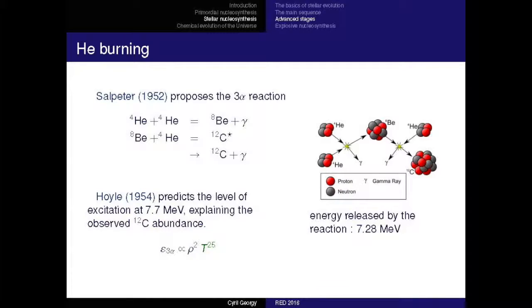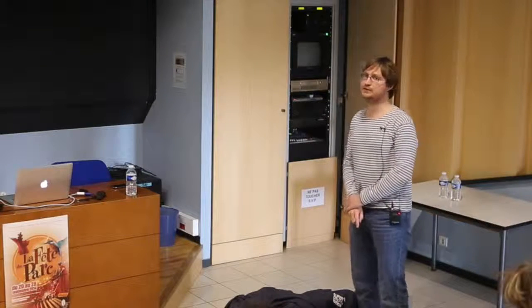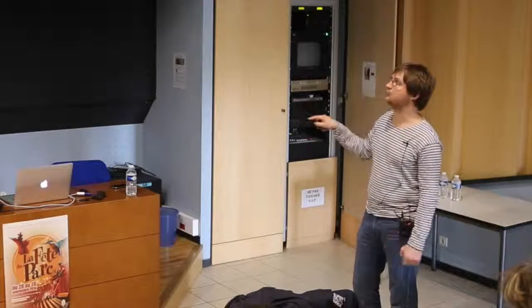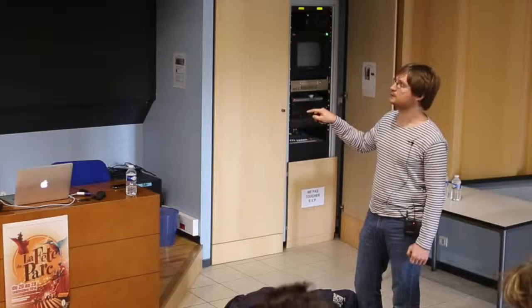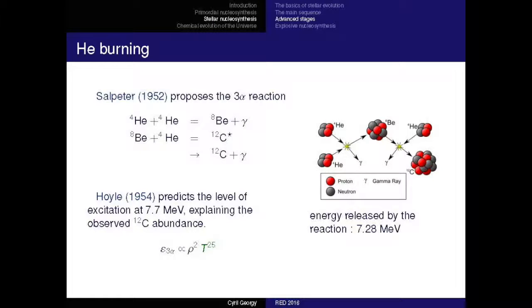And as we have discussed during the primordial nucleosynthesis, it's very hard to go through this kind of elements because their lifetime is extremely short. So to go through, you need to have a density that is high enough and a temperature that is high enough to allow this second reaction here, a capture of an alpha particle by the beryllium-8 that is faster than the disintegration rate of beryllium-8.